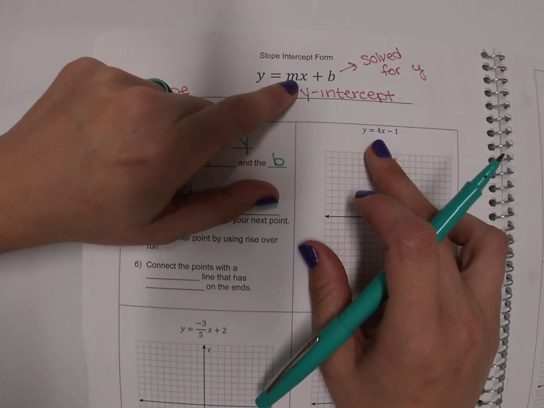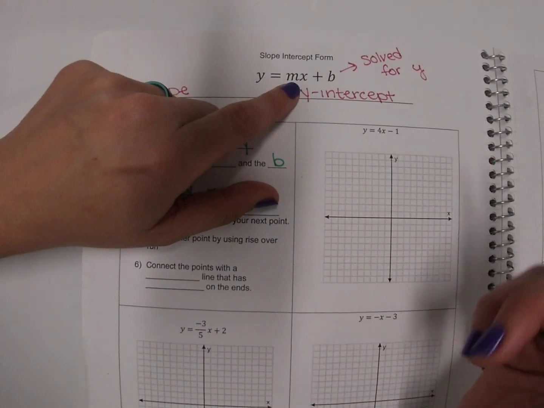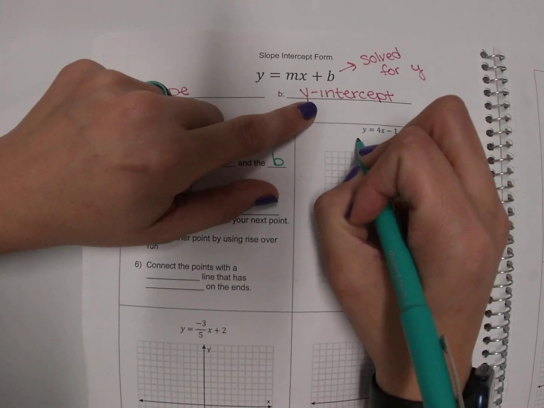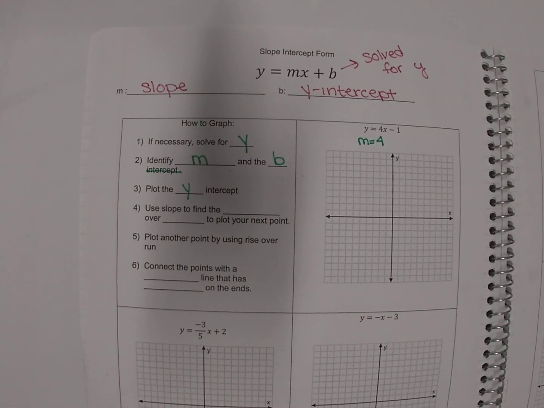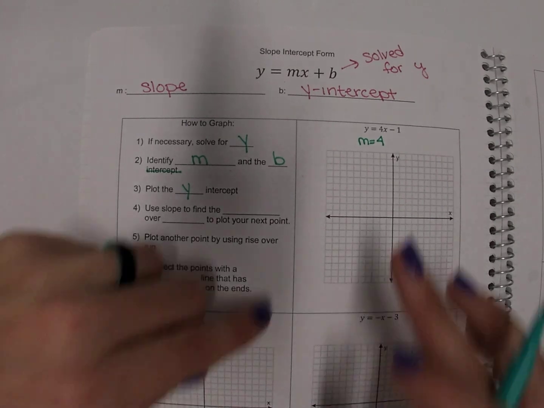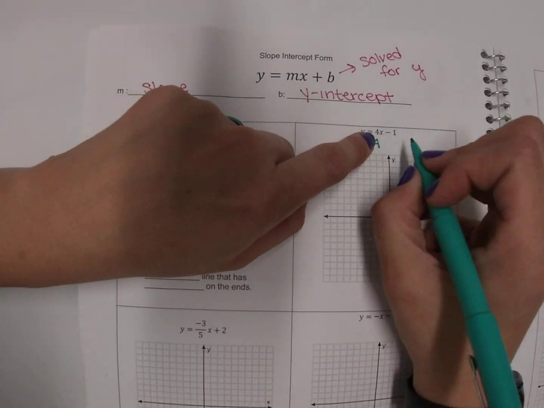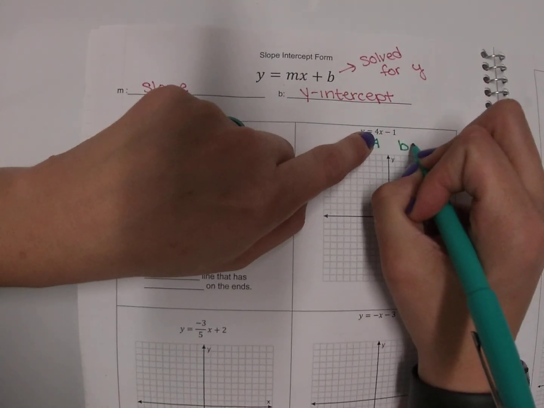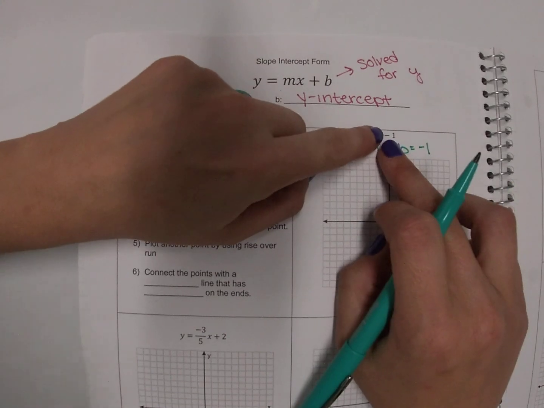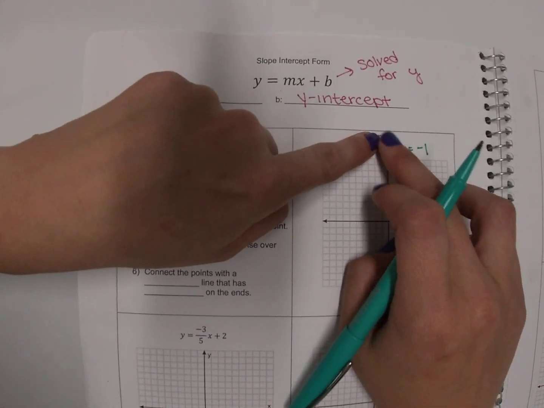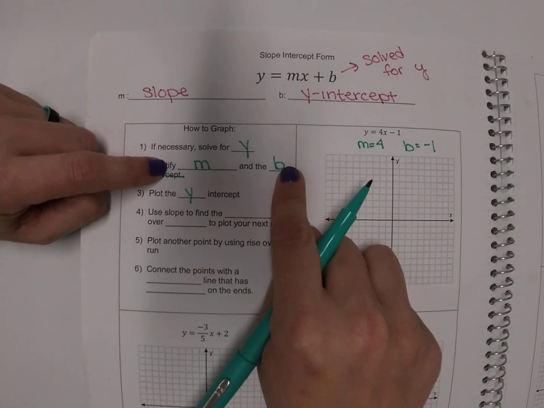The number that's sitting in front of the x is going to be the m value. So in this case, our m, or our slope, is going to be 4. Our b, or our y-intercept, is going to be -1 because we're taking that sign with it. So this sign is determining that that b is a -1. Okay, so we found our m and we found our b.